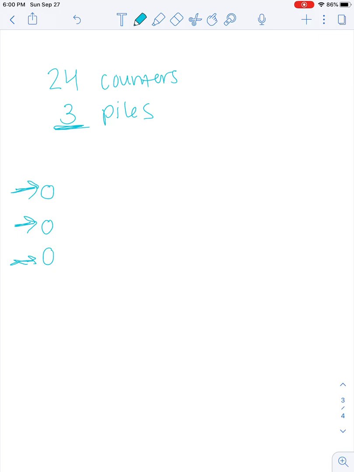Ooh, those are terrible arrows. Pretend like those are good. I'm going to start adding to each pile or row until I run out of counters. So, same thing. Look, just adding 1 each time. And look, I'm making an array. Do you see? Oh wait, I haven't been counting. 1, 2, 3, 4, 5, 6.